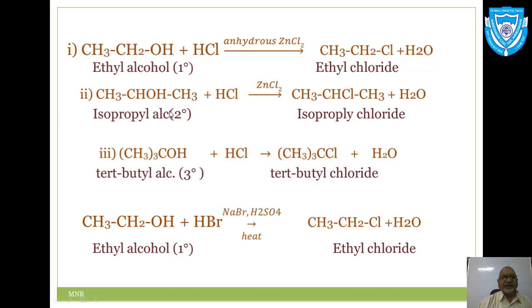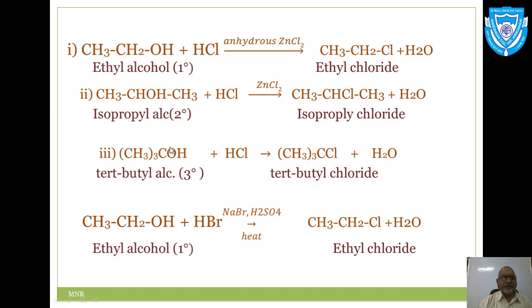If you take the secondary alcohol, here there is a hydroxyl group where OH is connected to the second carbon atom, and that's why we call it isopropyl alcohol, or by the IUPAC name, propan-2-ol. When we treat it with HCl and ZnCl2, you get isopropyl chloride, where the hydroxyl group is substituted by Cl and water is a byproduct.